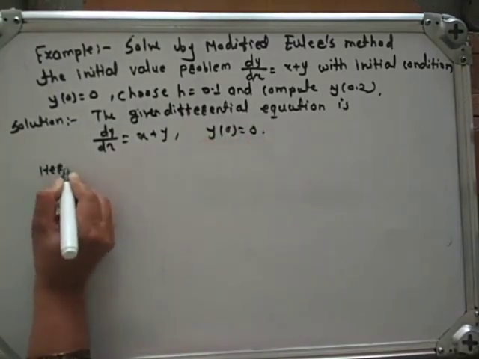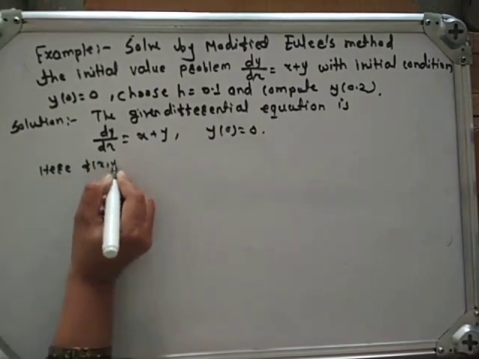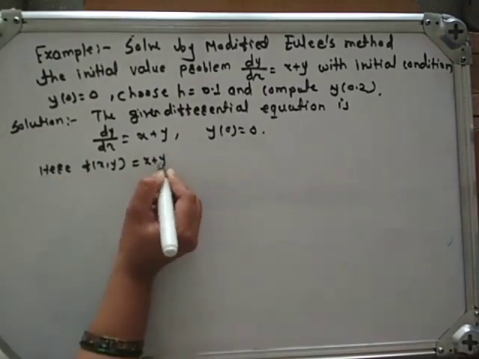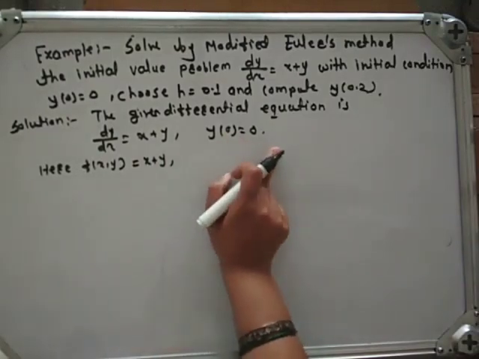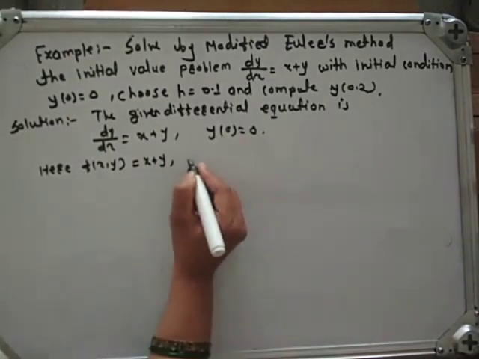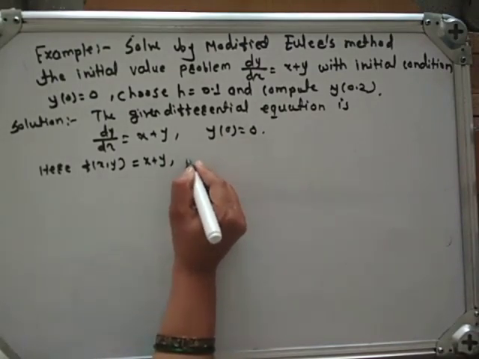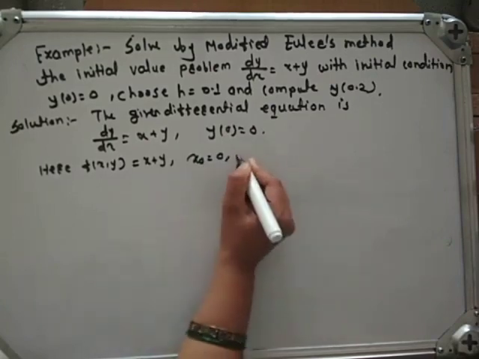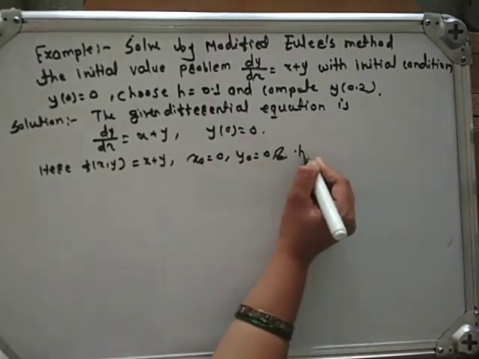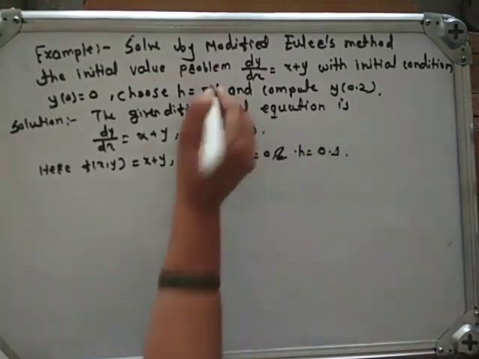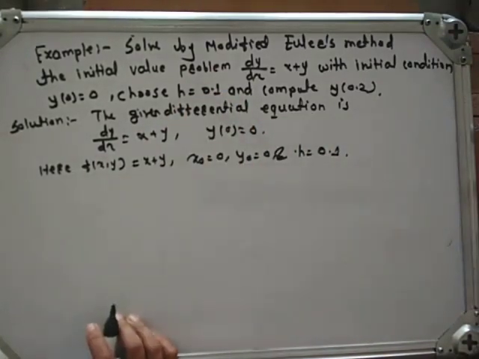So here f of x, y is equal to x plus y, and y of 0 is equal to 0 means y of x0 is equal to 0. So here x0 is equal to 0, y0 is equal to 0 and h is equal to 0.1. Already we have been given this.